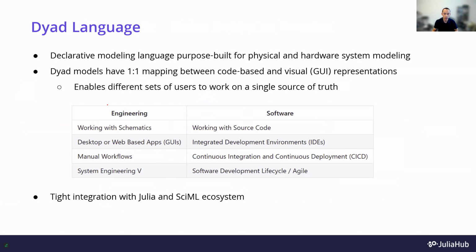If you think about many organizations, often they have multiple groups split up in sometimes maybe engineering and software development. Engineers generally prefer working with schematics, desktop or web-based GUIs, manual workflows, and they're very familiar with the system engineering beat. Software engineers, on the other hand, prefer working with source code, IDEs, CI/CD pipelines, as well as software development lifecycle and agile methodologies.